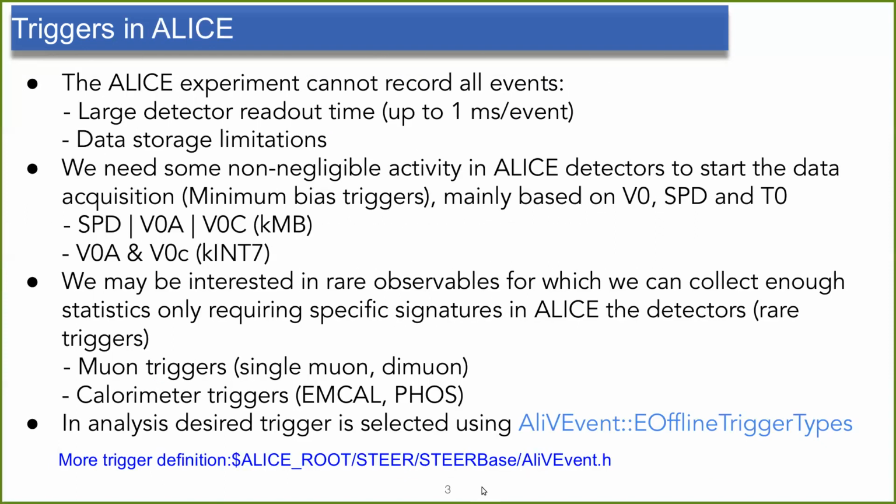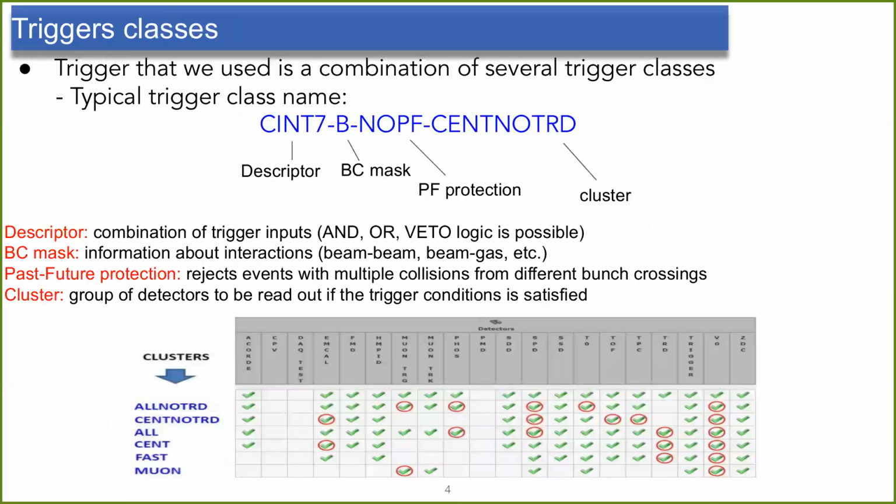As I mentioned, the triggers that we use, kINT7 and kMB, are basically combinations of V0A and V0C, and SPD, V0A and V0C. But it's not only that, there are several other things. These triggers are a combination of several trigger classes.